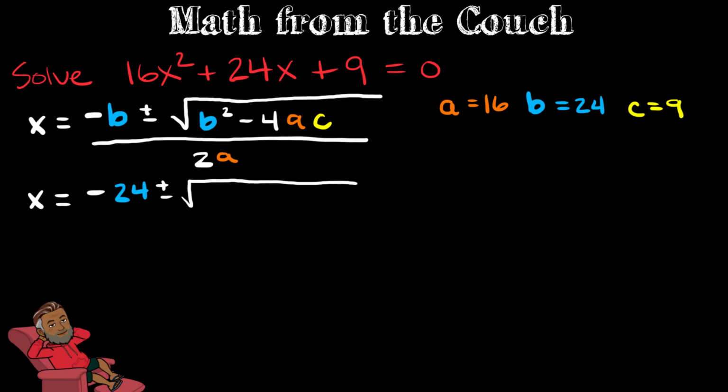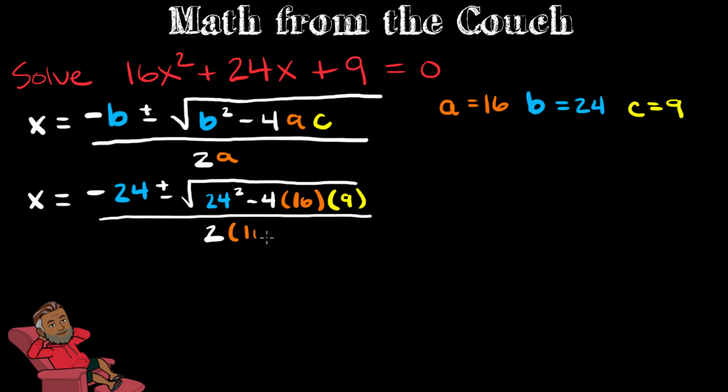The square root of b to the power of 2, so 24 to the power of 2, minus 4 times the a, which is 16, and also times the c, which is 9 in this problem, so times 9. And then the whole thing is divided by 2 times a, and a in this problem, again, is 16. So we write 16.